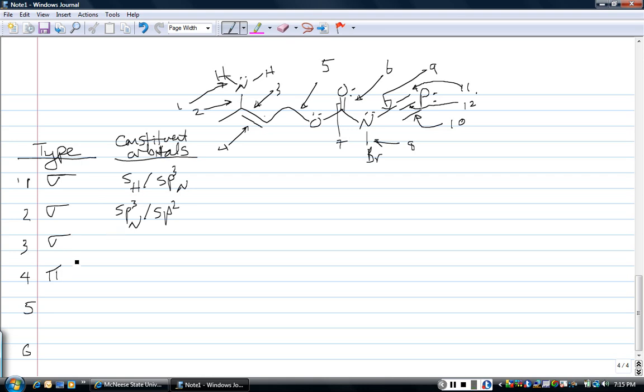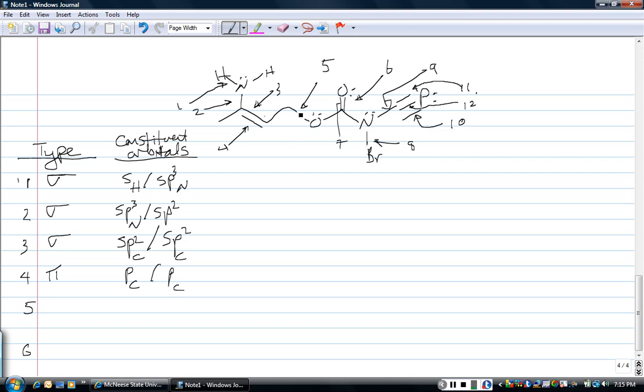So the sigma bond would be formed by the sp2 of carbon with the sp2 of another carbon. And even though it's the same type, I must indicate both. Well, 4 is pi, so pi is simply p, p. It's p of carbon, p of carbon.